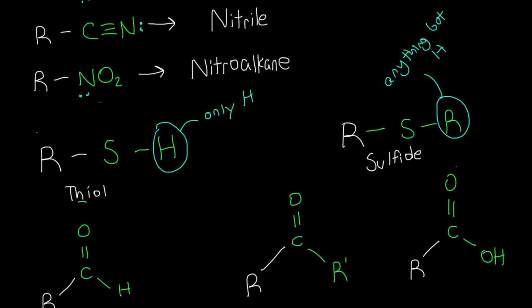If we look at the sulfide, there's no H in that name anywhere, so you don't need to worry about getting confused. The H in thiol, connect that to the hydrogen attached to the sulfur. Unfortunately, there's no other way to really remember. I mean, sulfide, I guess, has an S in it, but there's also an S over here. So you've got to memorize the two names, and if you're worried about mixing them up, just look for the one that has an H in it, and that'll be the one you associate with the proper compound.